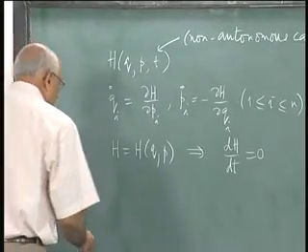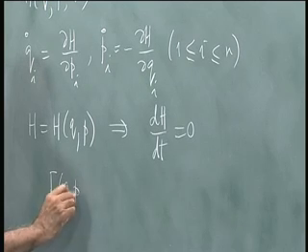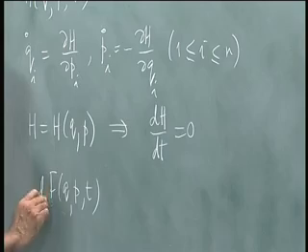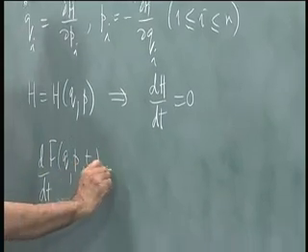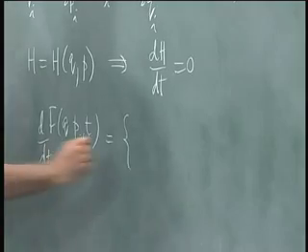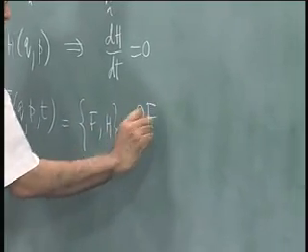We further saw that the general equation of motion for any function of the dynamical variables and possibly time, the rate of change of this quantity, was equal to the Poisson bracket of f with H plus ∂f/∂t.